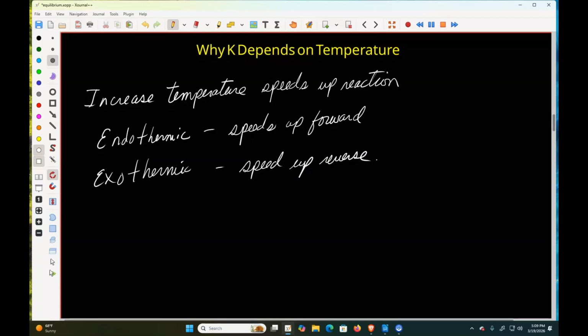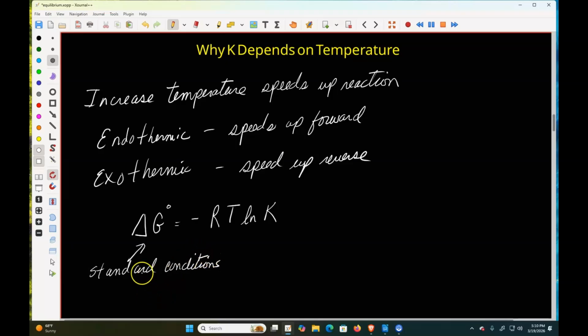If you want it more mathematically stated, we can use the standard free energy equation. It's equal to negative RT times the natural log of the equilibrium constant. So at standard conditions, this is our free energy. For R, we're going to be using 8.314, because we want to answer in joules.